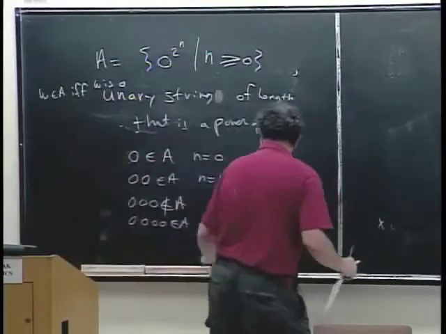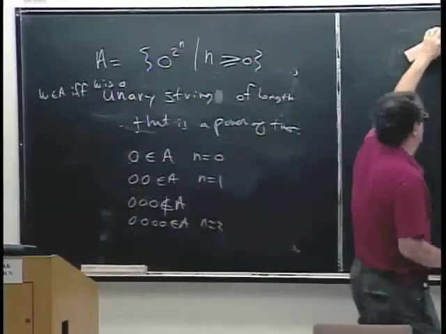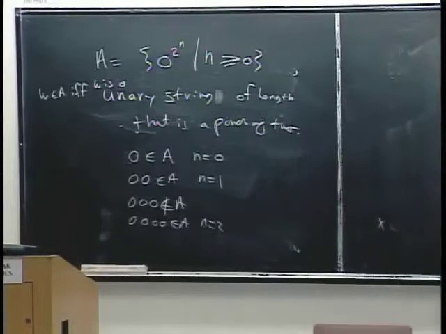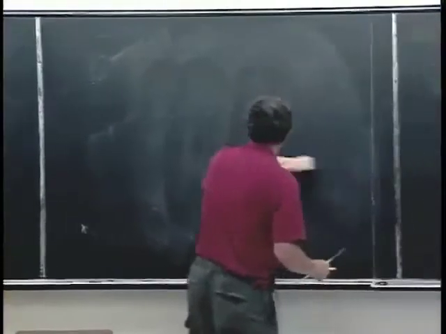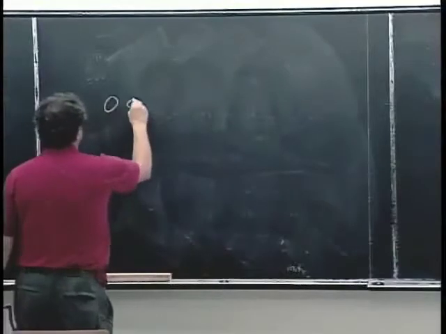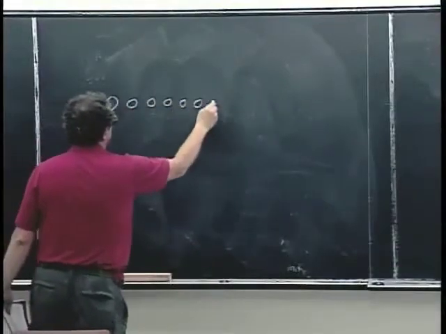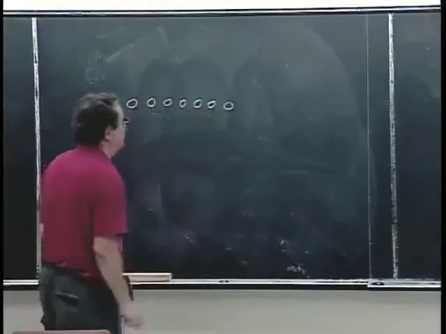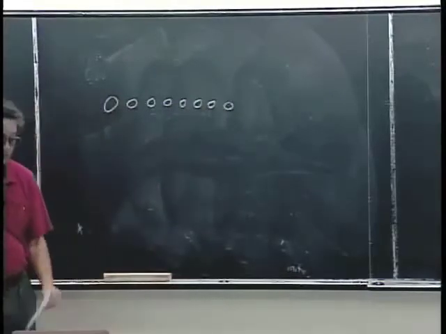Well, let's do a little example, not the Turing machine itself yet, but just a very primitive way of determining whether the number of some list of zeros is a power of 2. So what is this? 1, 2, 3, 4, 5, 6, 7, 8. Power of 2. Okay?